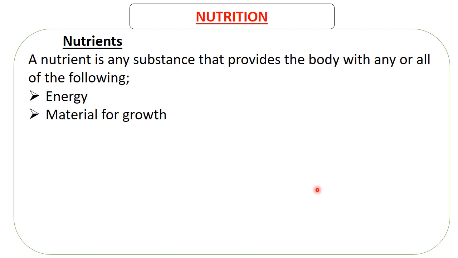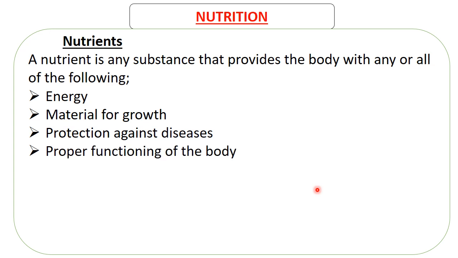The second is material for growth. The third is protection against diseases. And the fourth is proper functioning of the body. If you eat something and it doesn't give you energy, doesn't help you to grow, doesn't protect you against diseases, and doesn't help with the normal function of the body, then it's not a nutrient.